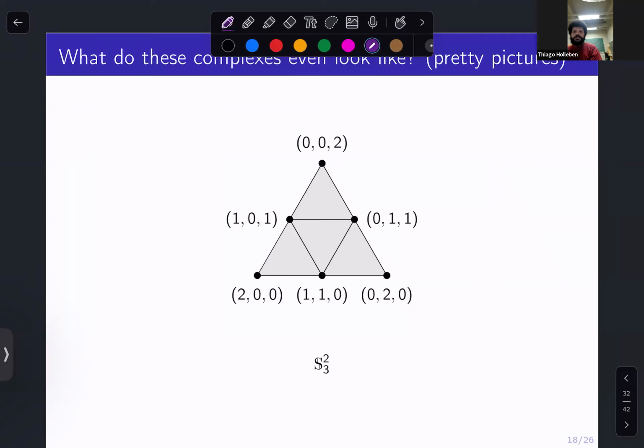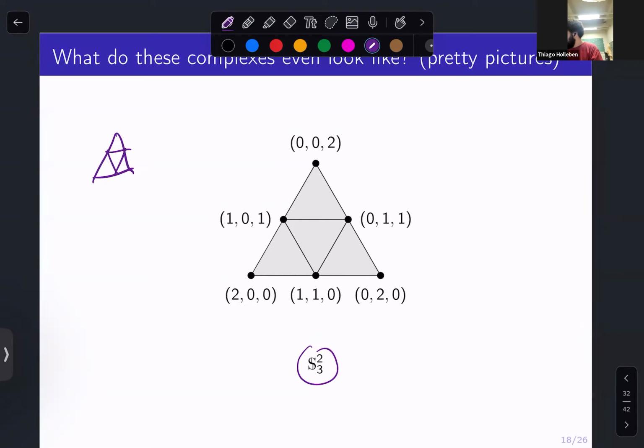So I think now I have pictures of what these complexes look like, and they don't tell the whole picture. On small cases, it turns out that the complexes are actually famous constructions that people know from subdivision operations. So this is a picture of S2, 3. The vertices are the compositions with at most 3 parts. And it's very nice. It's basically a triangle that you subdivide very nicely.